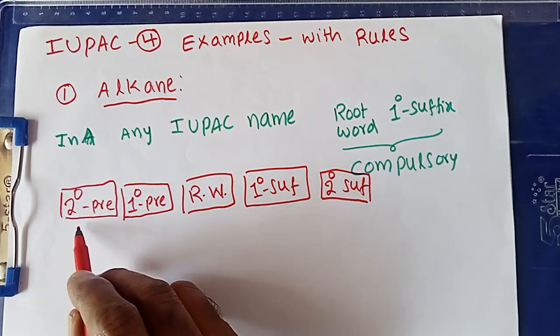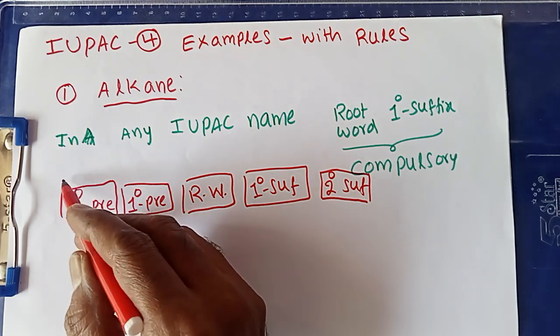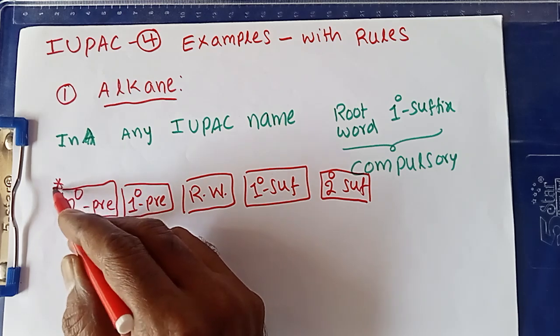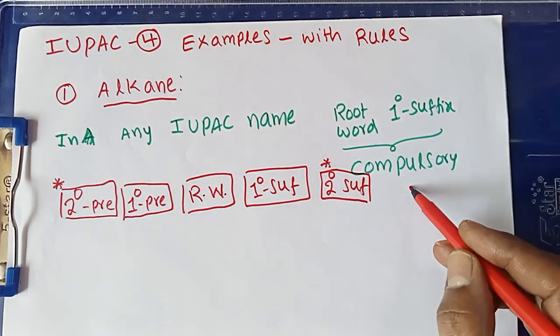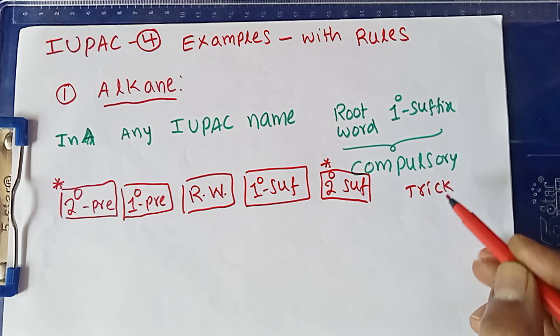This is the order. I will give the trick also in that video: IUPAC name starting with 2 degree, ending with 2 degree. That is the trick.